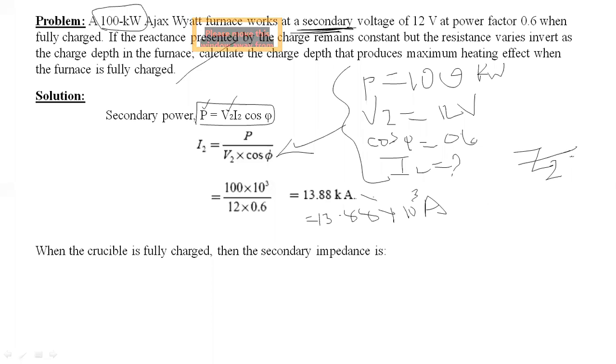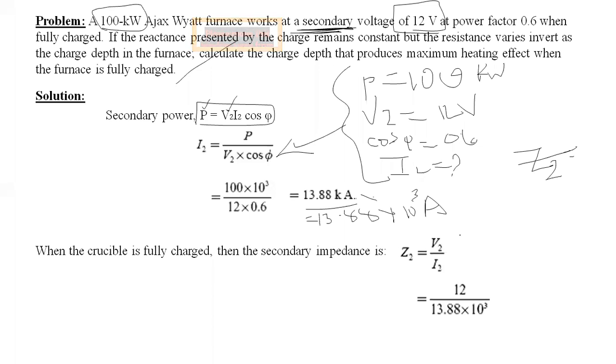Z2 is equal to V2 by I2. You have calculated from the problem, he has given the value V2, that is 12. I2 we have calculated as 13.88 kilo amperes. By placing these values, you can calculate your secondary impedance: 12 by 13.88 into 10 power 3.